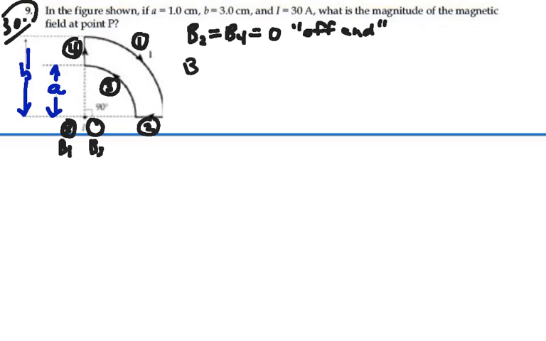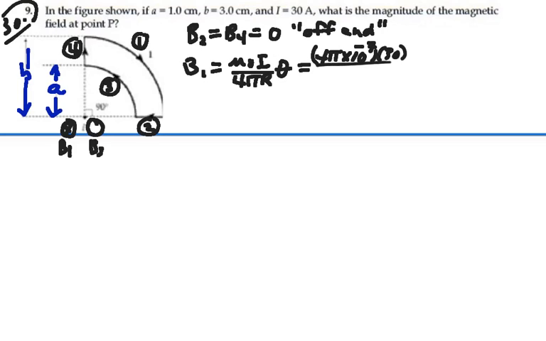So let's calculate B1. That's going to be mu naught I over 4 pi r times angle theta, and that's going to be 4 pi times 10 to the minus 7 from mu naught. Current is 30 amps over 4 pi. The radius of curvature is B, which is 3 centimeters, 0.03 meters.